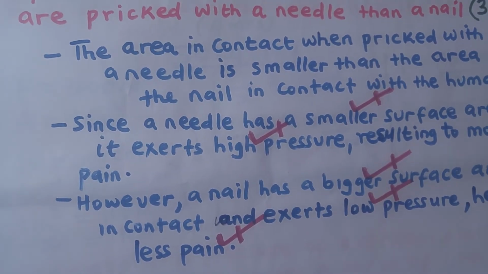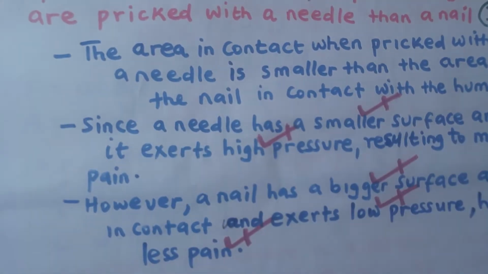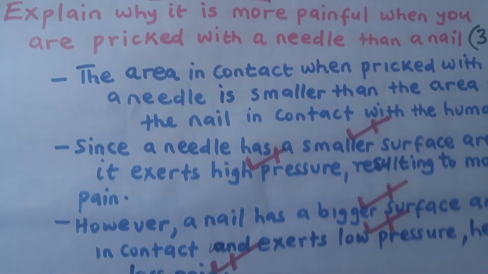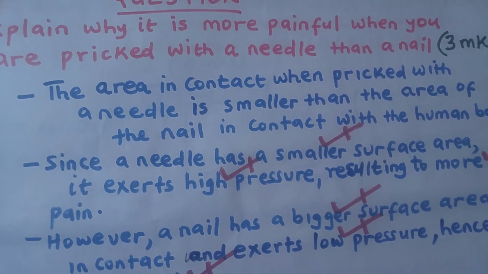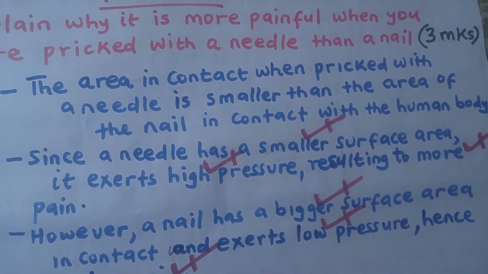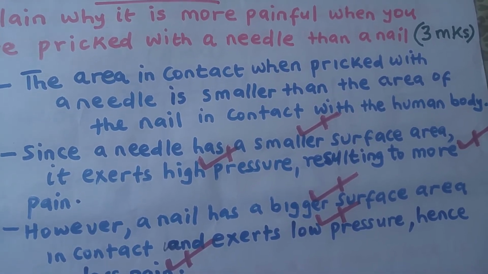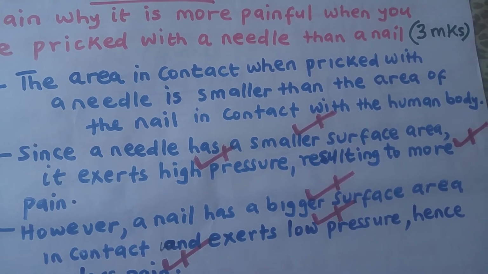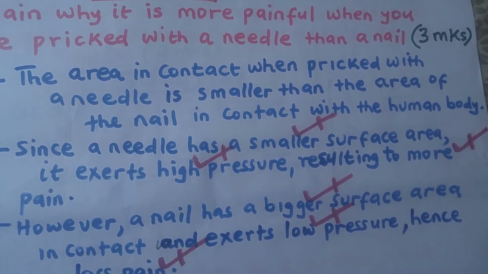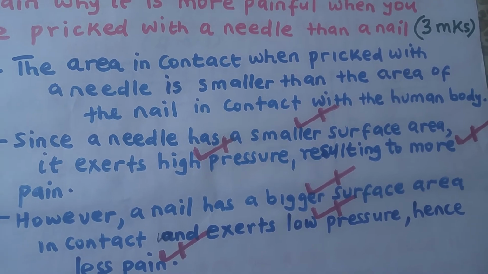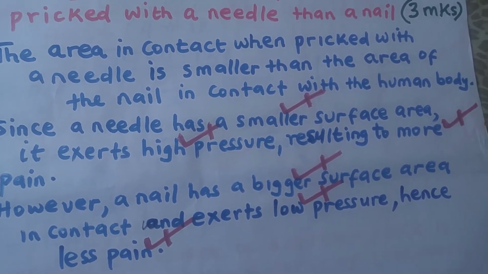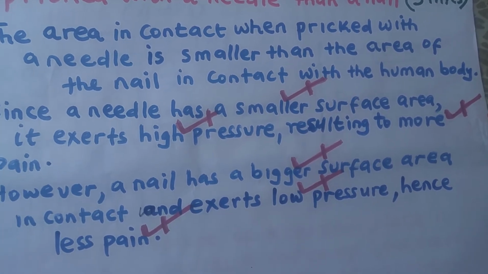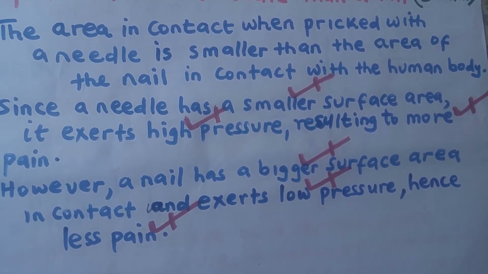You see? So what did we say here? The first thing here we compared. The examiner wants you to compare a needle with a nail. Don't talk about a nail and forget the needle. And don't talk about the needle and forget the nail. He wants you to compare the two as you are busy explaining. So the first thing, tell the examiner that the surface area of the needle is smaller than the surface area of the nail.